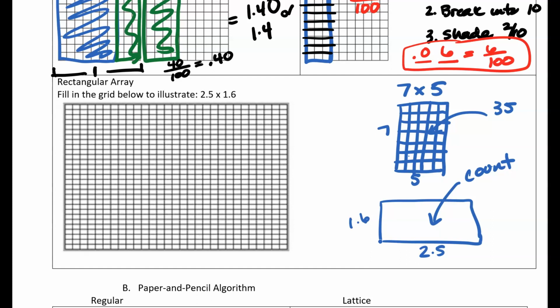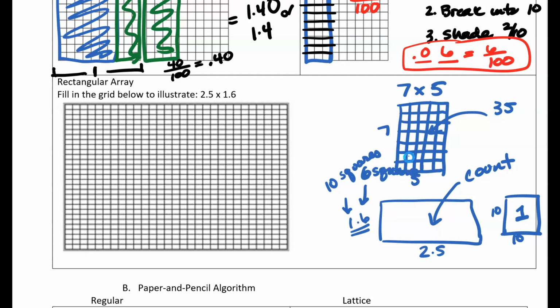So let's think about, remember that one of these 10 by 10 squares is 1. I'm just going to draw this over here, a 10 by 10 square is equal to 1. So if I want to do 1.6, then I'm going to go the 1, that's going to be 10 squares, and then this is going to be an additional 6 squares.